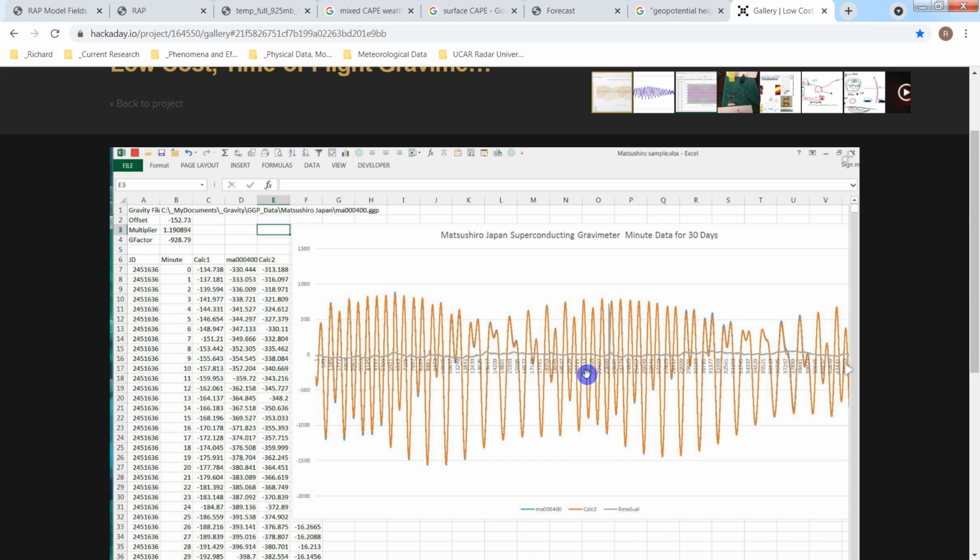So all of these things, you couldn't use the data moment by moment because they were going up or down. So this one, the offset's 152. So this one had to be corrected 152 nanometers per second squared. Okay, it says downward, so it was floating high by 152 there.